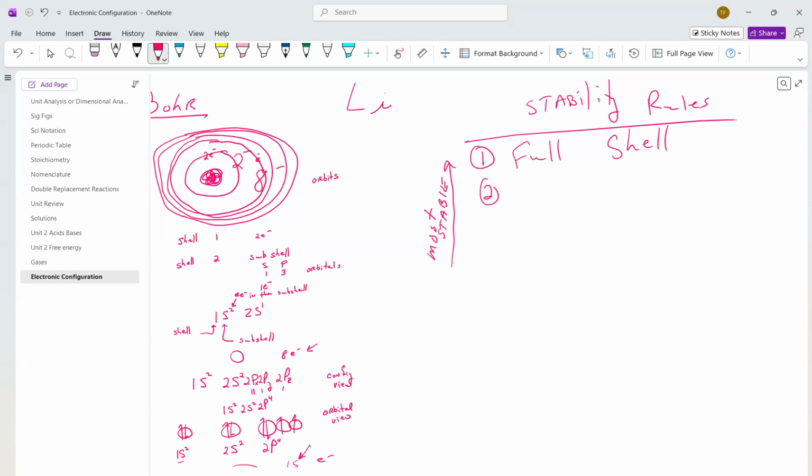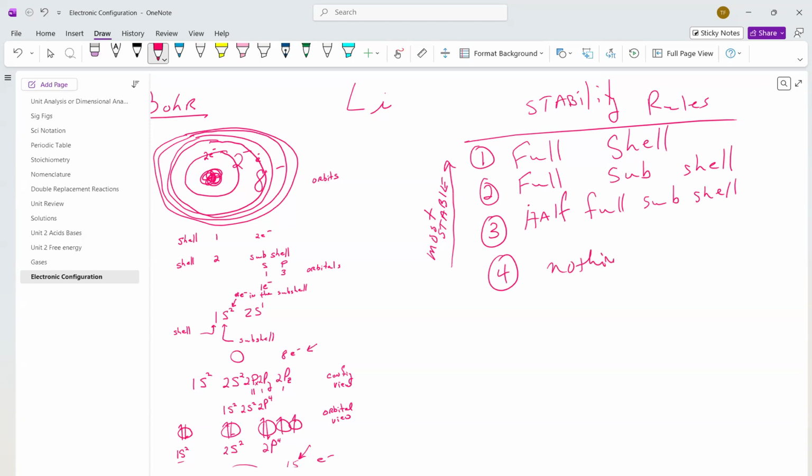Number 2, a full subshell. Then a half full subshell, and then nothing. Nothing is the least stable.